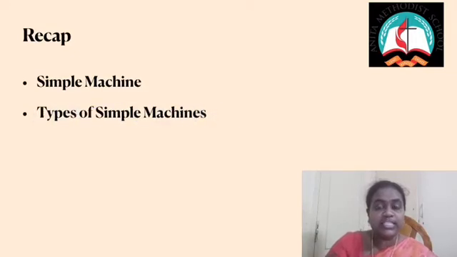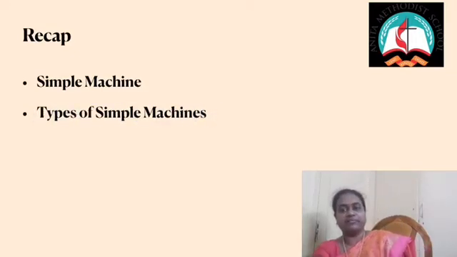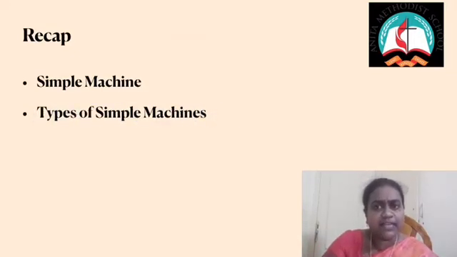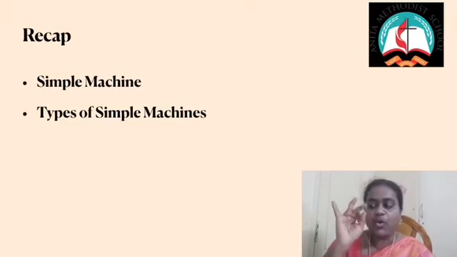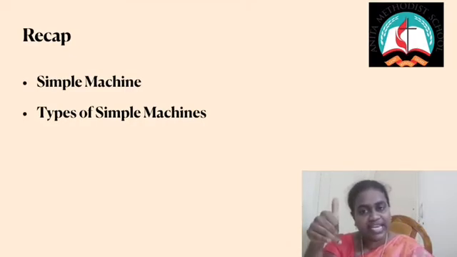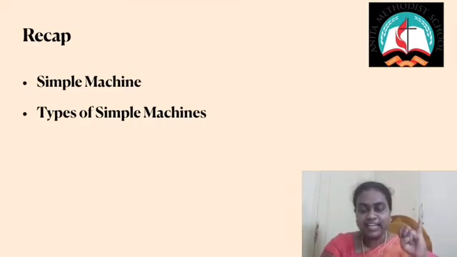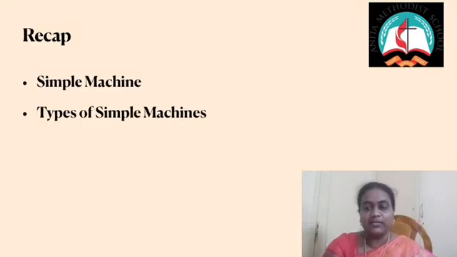Second, we learnt about the types of simple machine. How many types are there? 6 types. They are pulley, inclined plane, wedge, screw, wheel and axle, finally the lever.